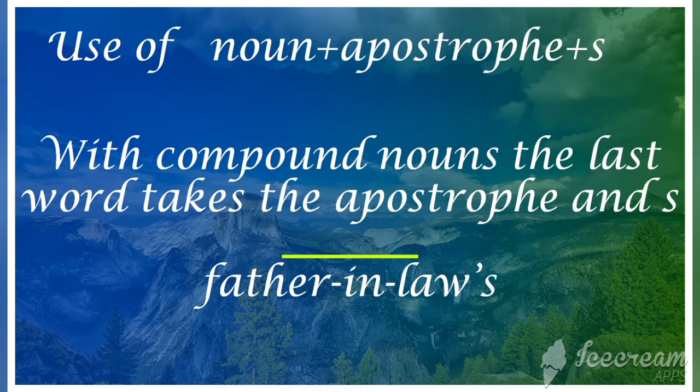Not "fathers in law" when we are telling about plural, where we can add father's in law. But when we are showing possession or ownership, father-in-law's, after the last word only we have to add apostrophe s.